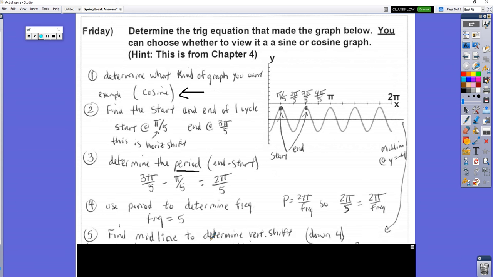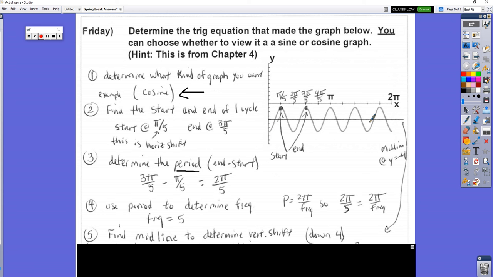The fifth step is you want to find the midline of your graph in order to determine what kind of vertical shifting has happened. I actually drew that in. This was not already in your graph. I put that in myself. You want to make sure that your highest and lowest values are equally spaced along your midline. The highest I went was -1, the lowest I went was -7. So right in the middle of that would be -4.